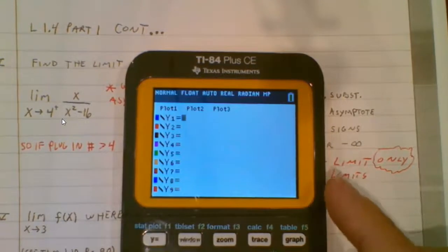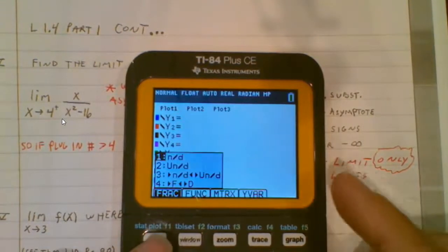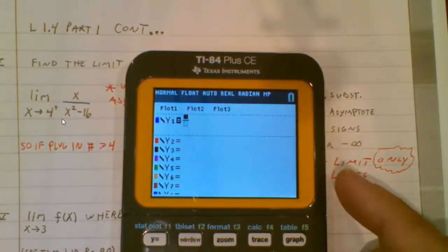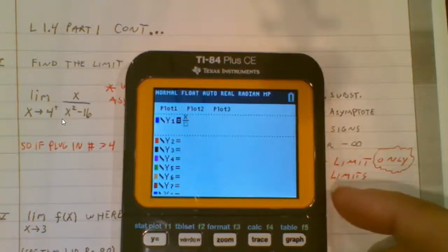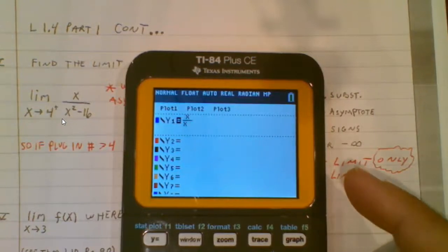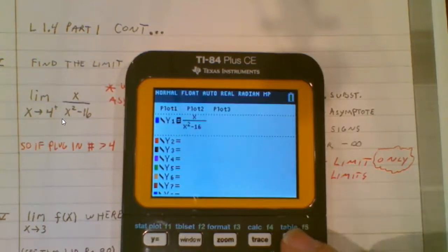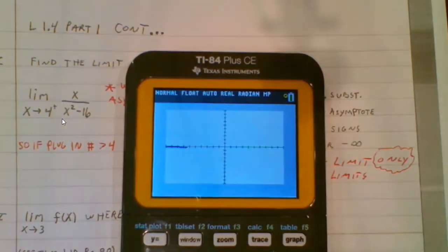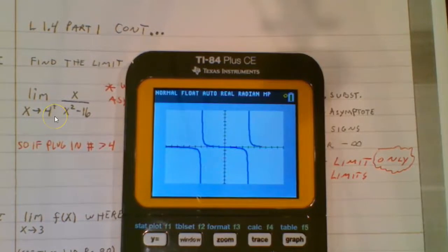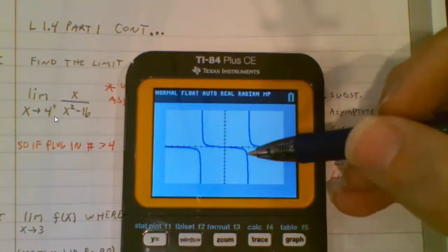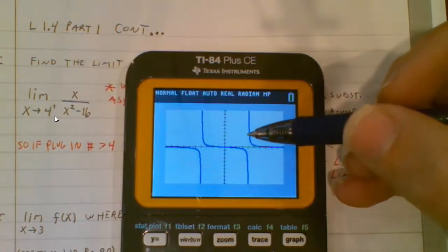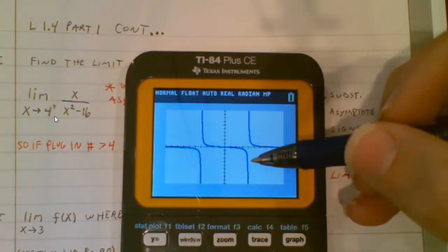So if we go to our x over x squared minus 16, here's what this graph would look like. So right here is where you're seeing x equals 4. So you can see there's a clear asymptote right there.